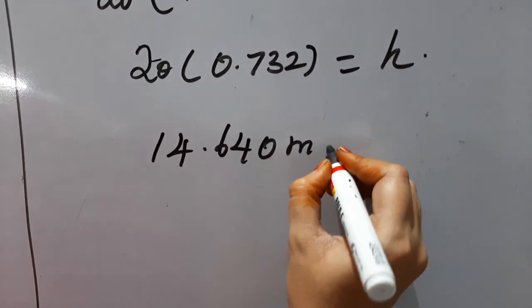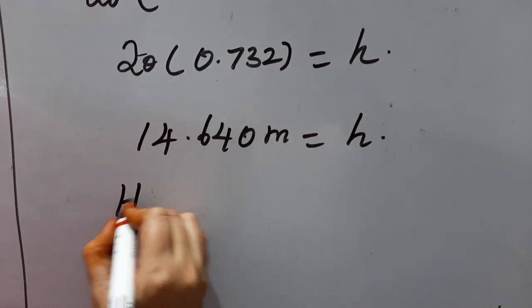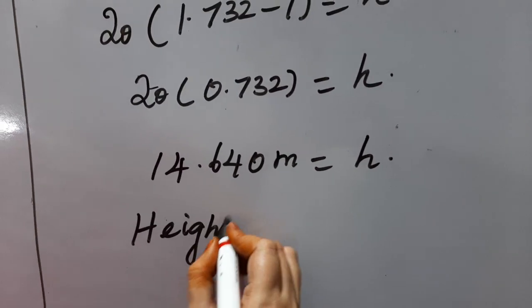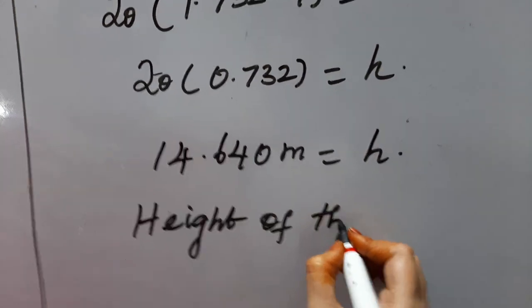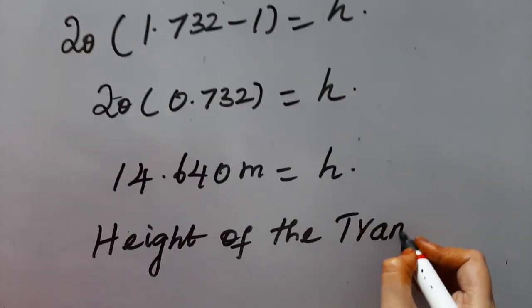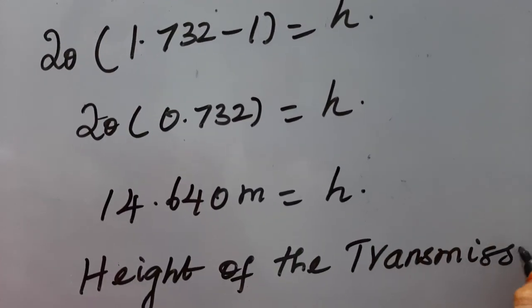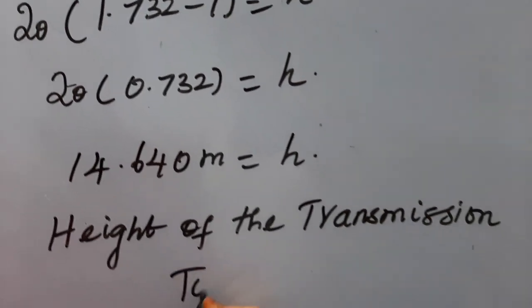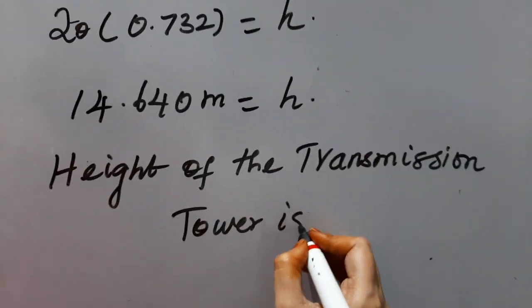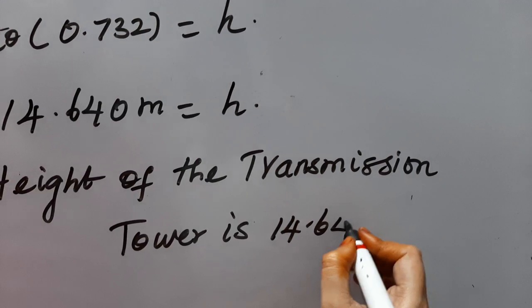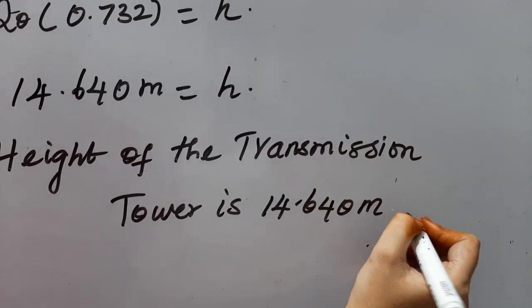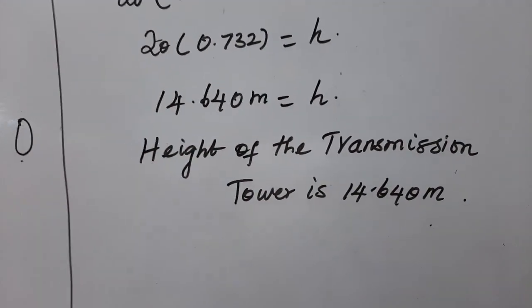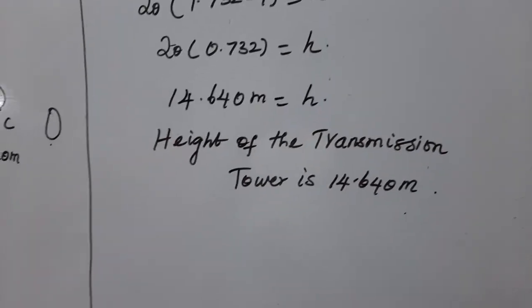In what they asked us to find out here, the height of the transmission tower. So we found out the height of the transmission tower is 14.64 meters.